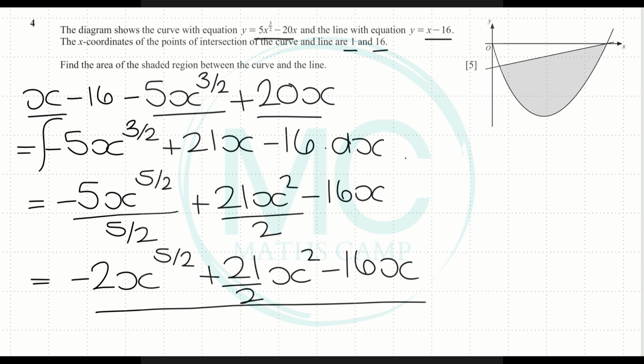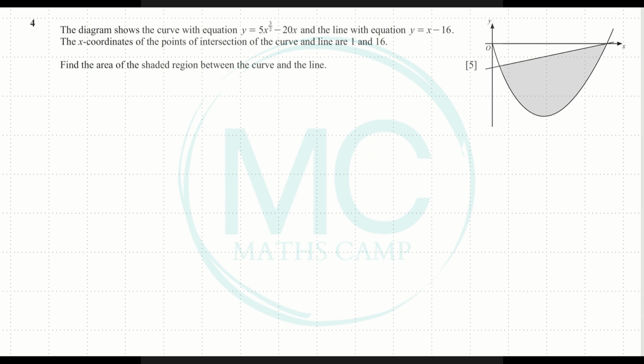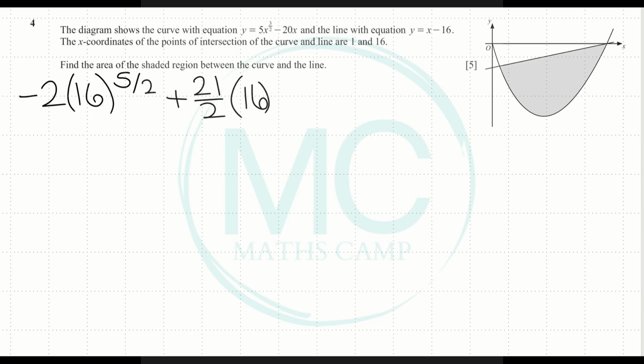So let's start when x is 16. So we're going to have negative 2, instead of x, say 16. Close the bracket, an exponent of 5 over 2, plus 21 over 2 multiplied by 16 squared minus 16 multiplied by 16. And you can put this entire thing into your calculator.